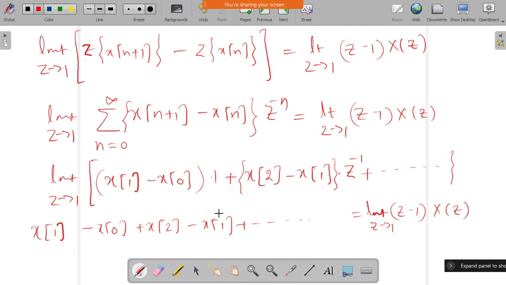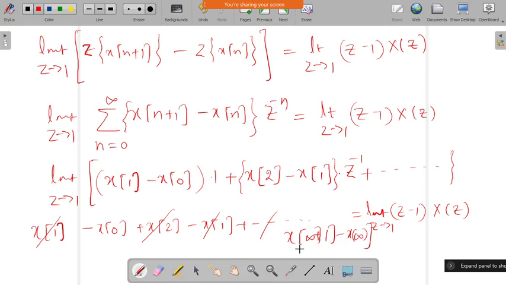We can see x[1] gets cancelled, and similarly x[2] and so on get cancelled. Finally, if I substitute n equal to infinity, we are going to get x[infinity+1] minus x[0].